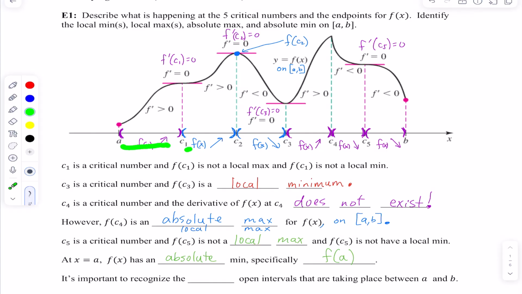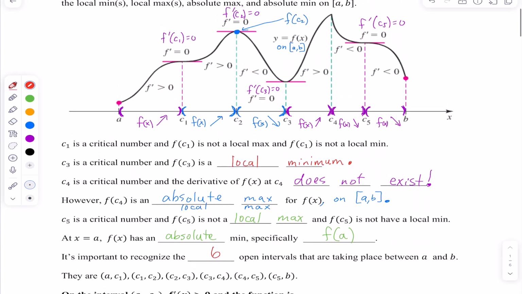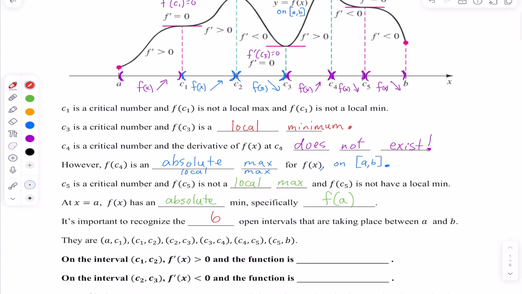So there's actually 1, 2, 3, 4, 5, 6 open intervals, and we basically describe functions and we analyze functions one open interval at a time. The intervals are listed right there, just being able to list it in the picture and list it as pros.